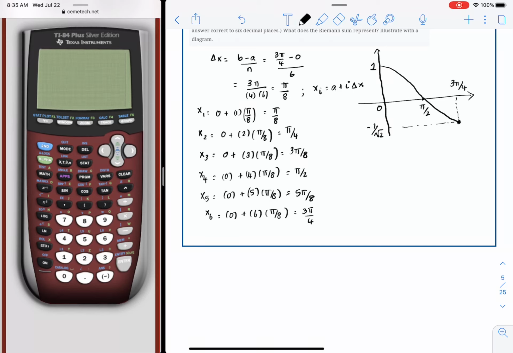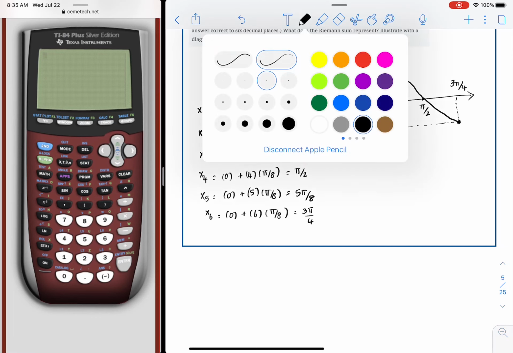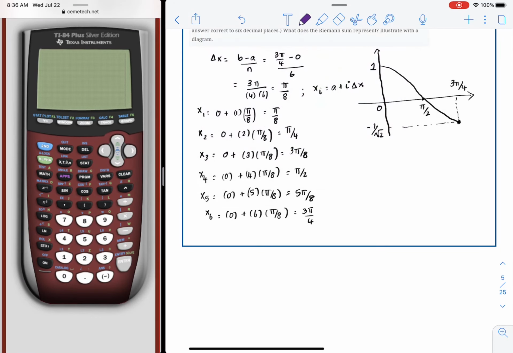So now that we know our endpoints, the first endpoint is at pi over 8. So pi over 8 is probably there somewhere. The next one is pi over 4. The next one is 3 pi over 8. Then we have pi over 2, of course.